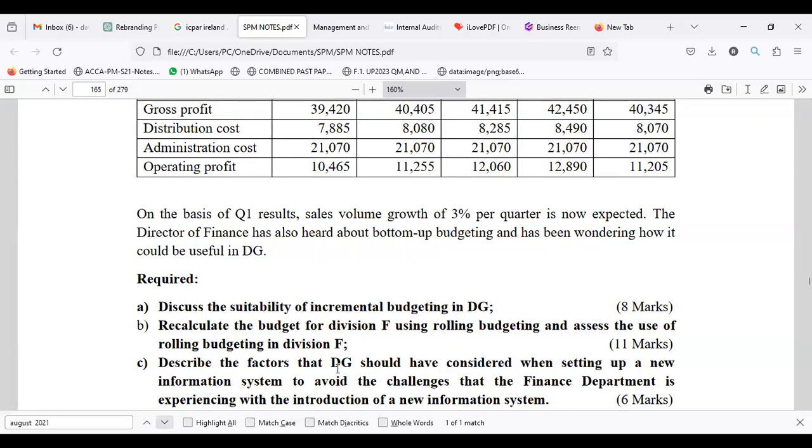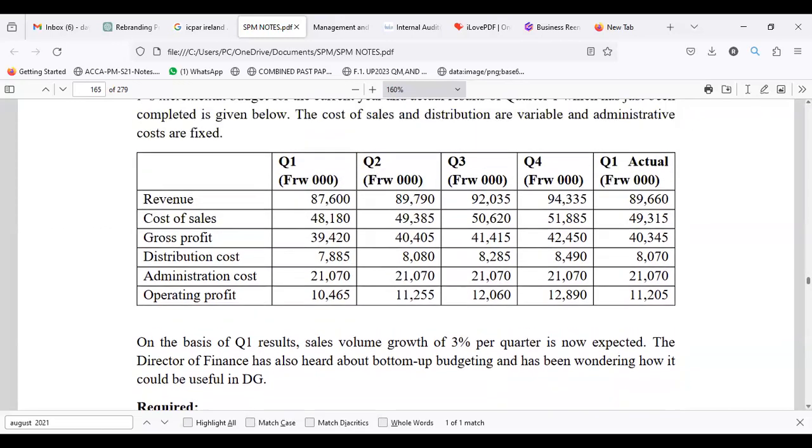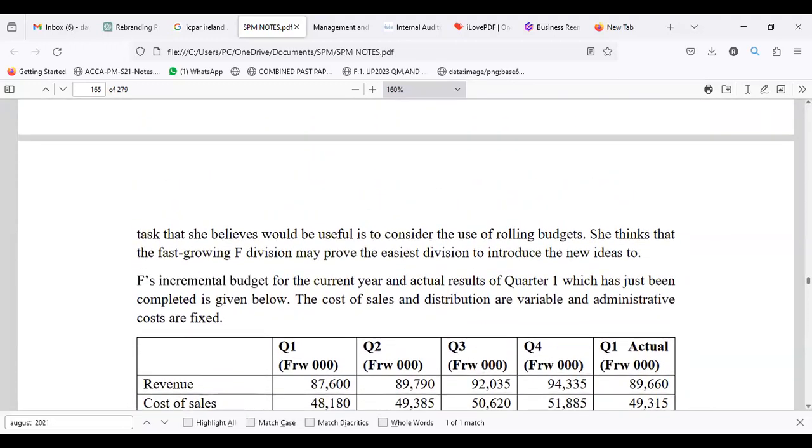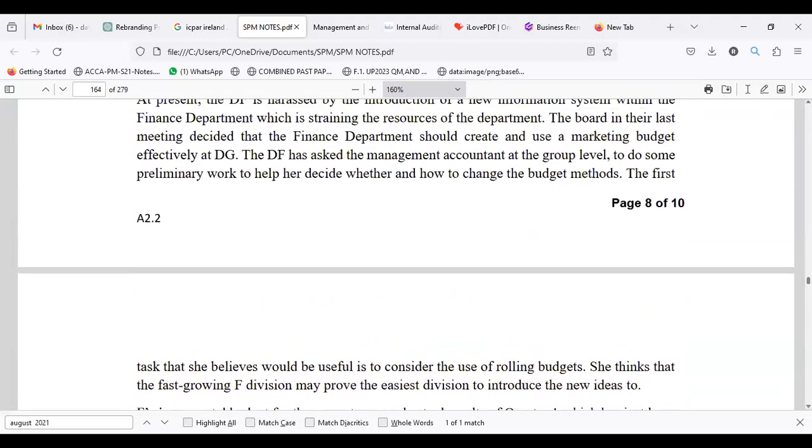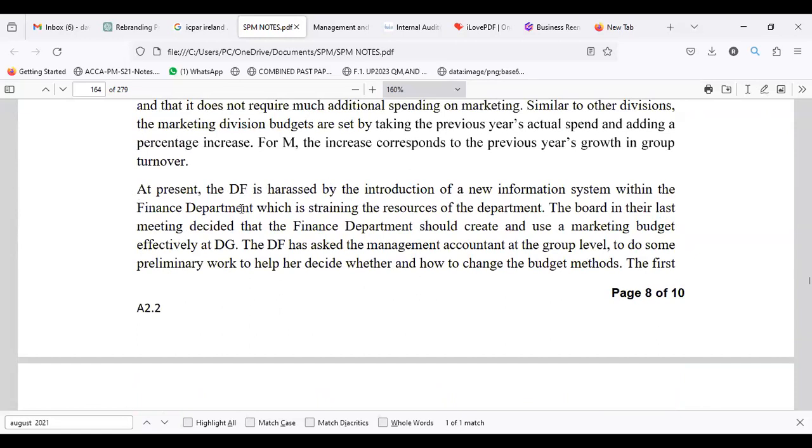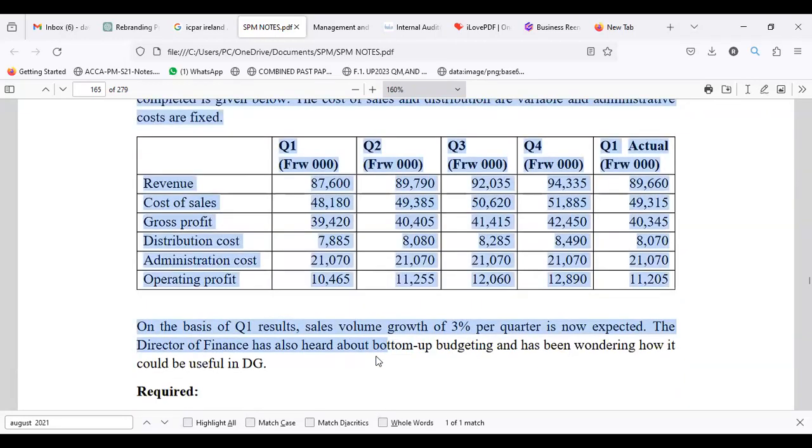So you have that. Now, because of the time of what we're doing here online, it is already 8, and I wish to kind of do this. They ask to recalculate the budget for division F using rolling budget and assess the use of rolling budget in division F. So the paragraph where this starts from, you could notice, even when you skim through, the idea of rolling budget was introduced somewhere here, or the term rolling budget started to be mentioned as they go down here to the scale level.